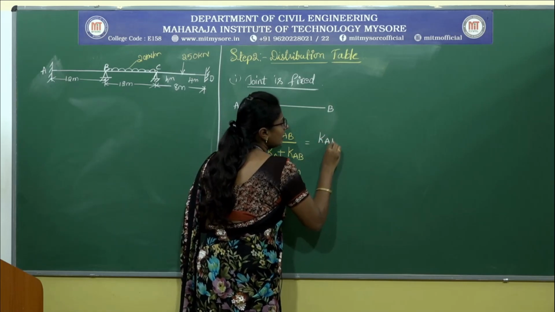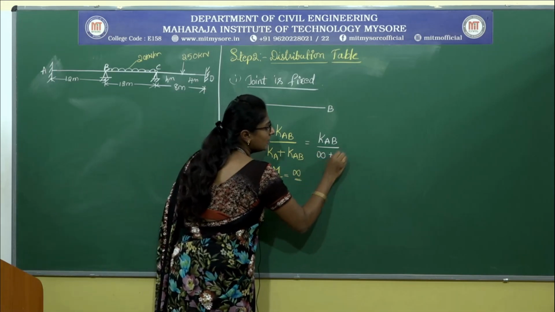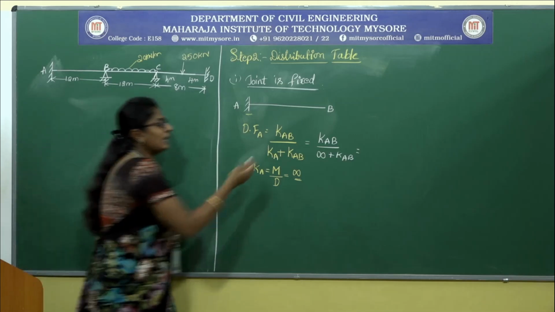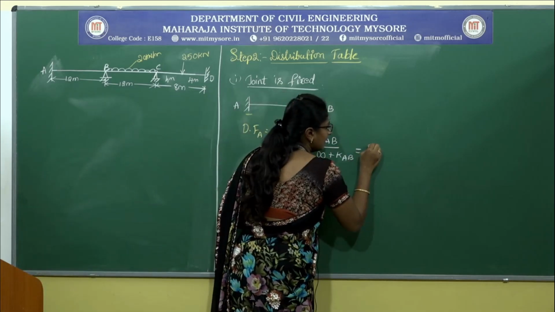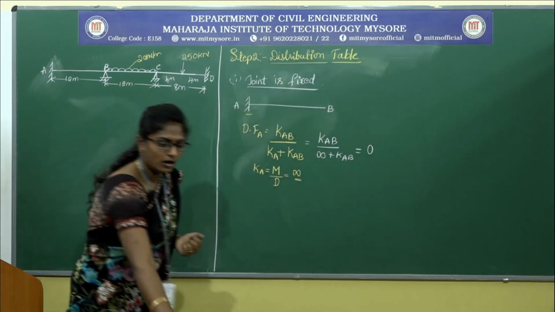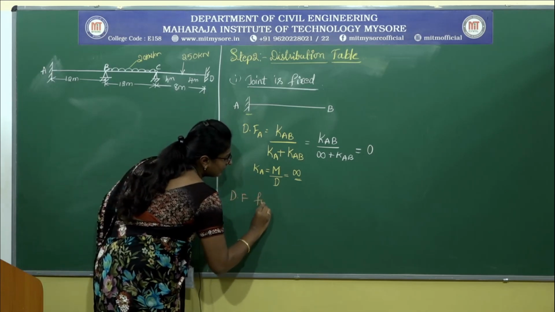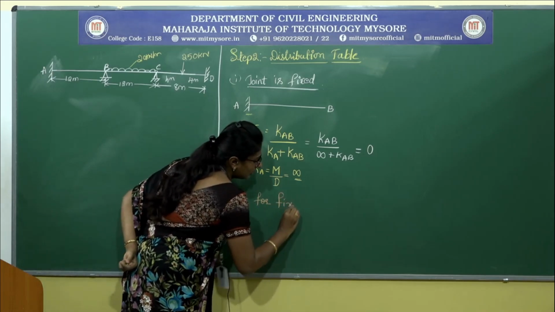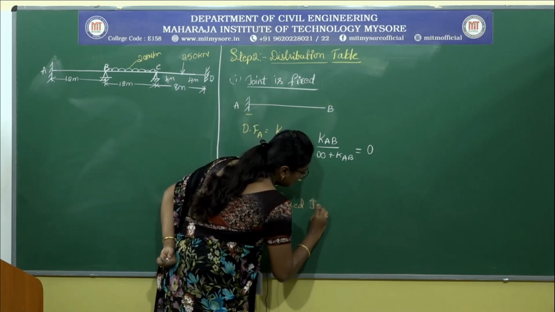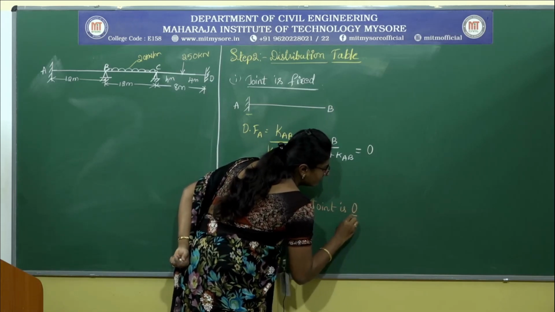So if you substitute this, what will I get? We don't need to concentrate on KAB now, since Ka is infinite, plus KAB, which is the value we get in the given problem. Anything divided by infinity can be considered as 0. Therefore, I can write that the distribution factor for the fixed joint is 0.